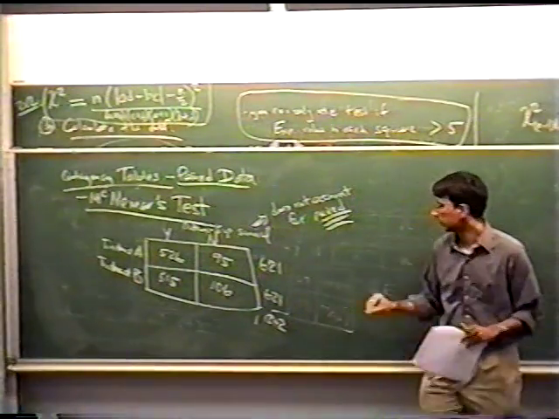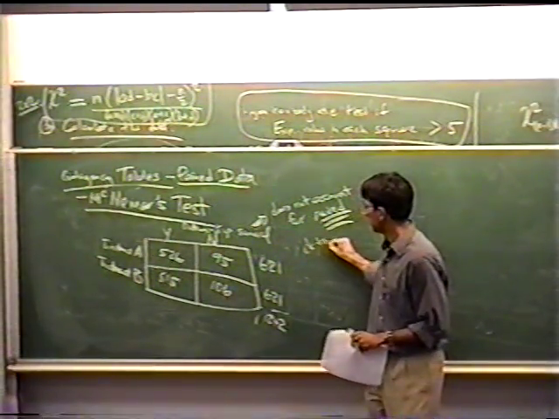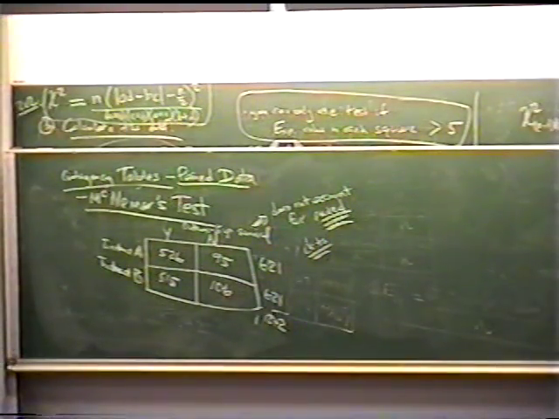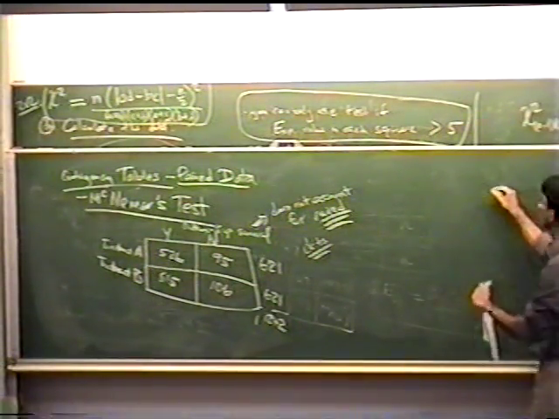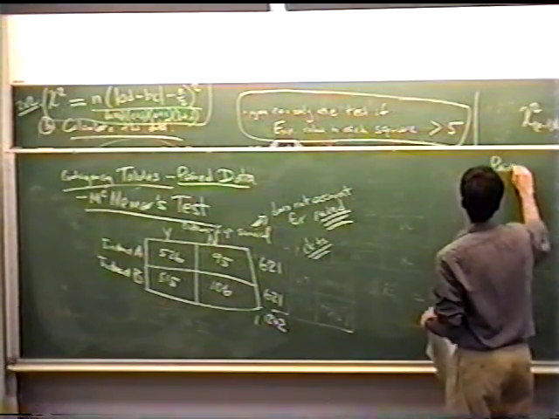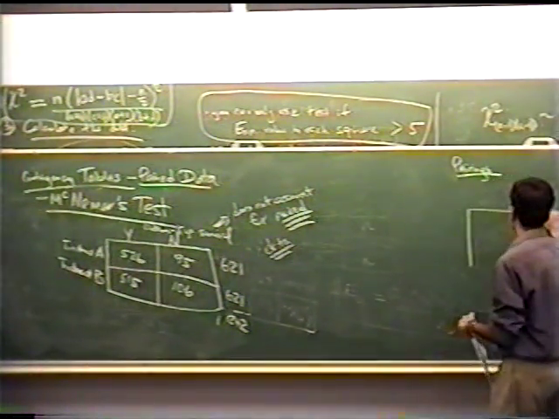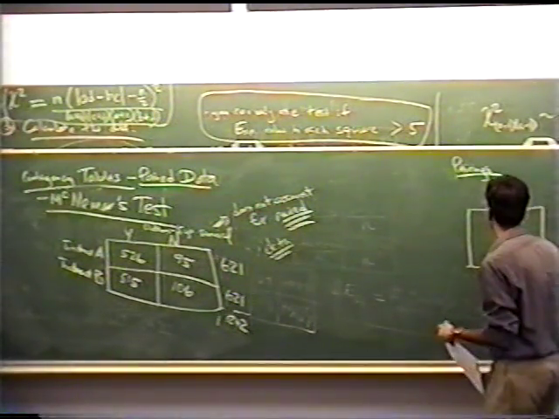Okay? But there's another way we can look at this data. That's by seeing what happened amongst the different pairs. So we make another 2x2 table.